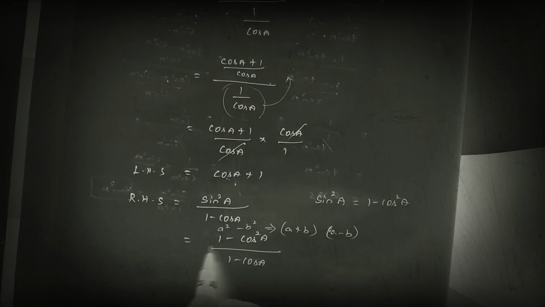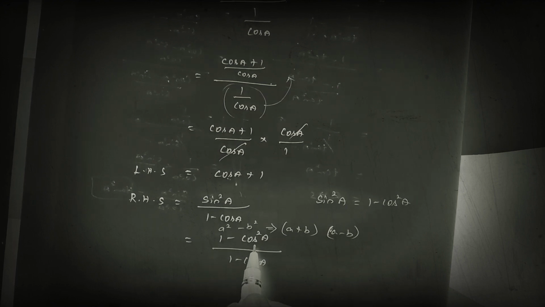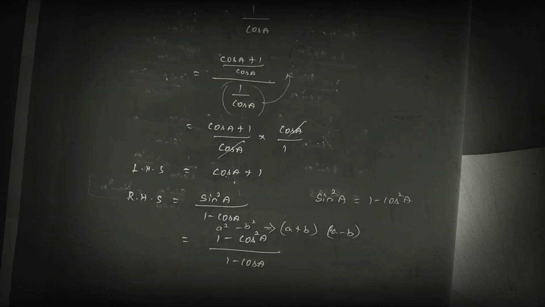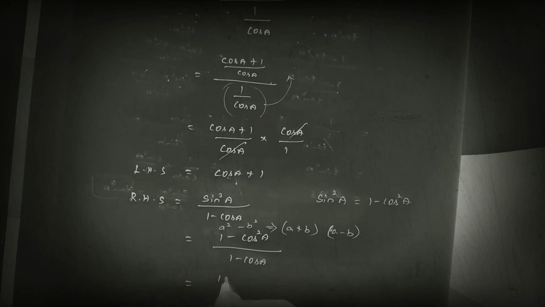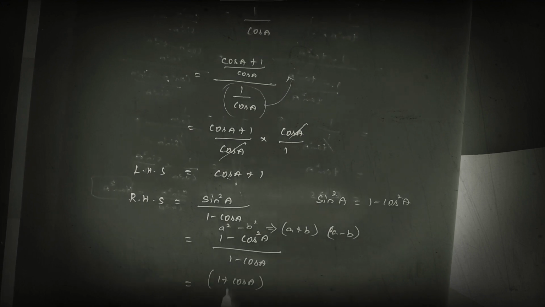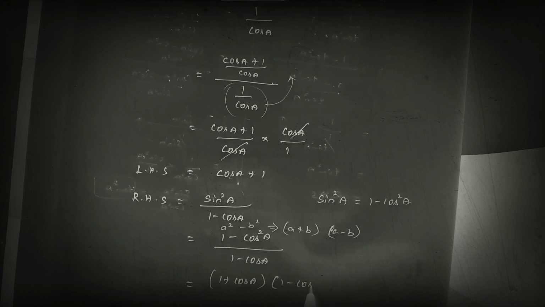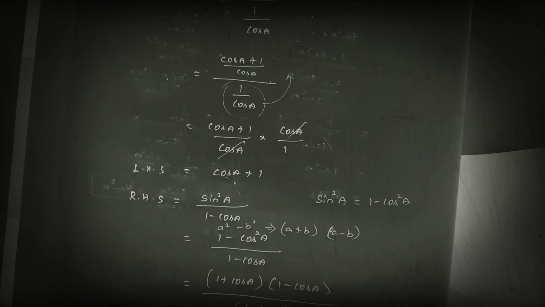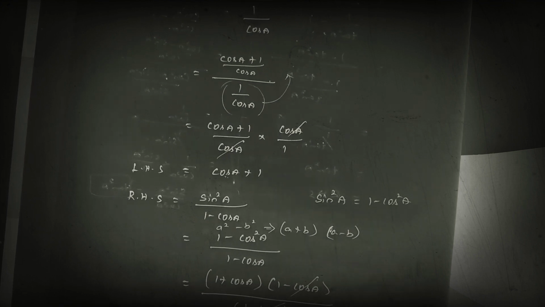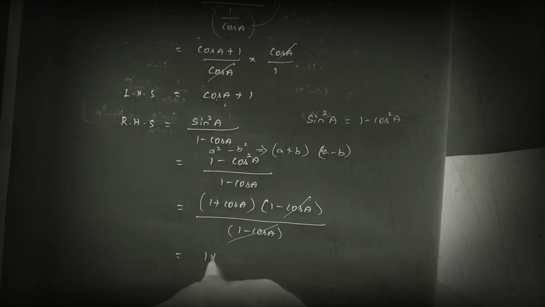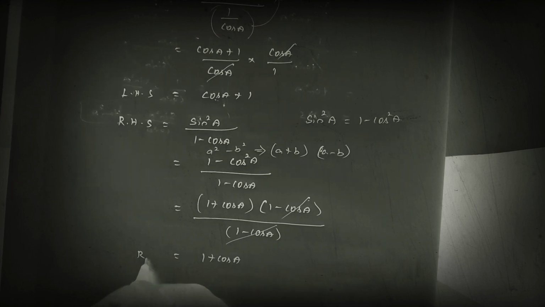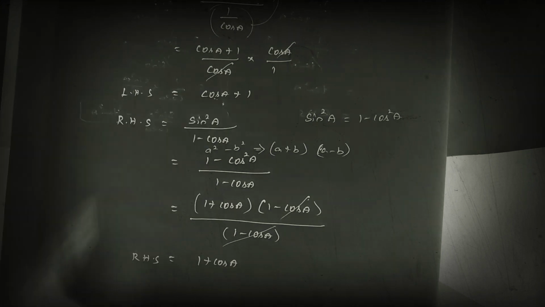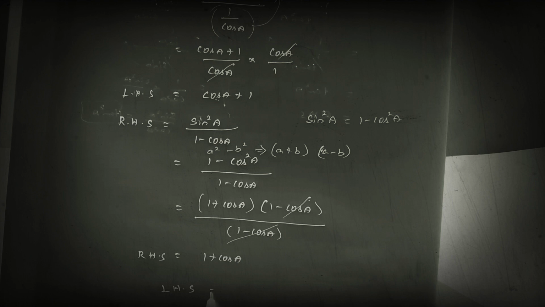Cos A. So A square minus B square is equal to A plus B into A minus B, so we write 1 plus cos A, whole into 1 minus cos A, whole divided by 1 minus cos A. The 1 minus cos A cancels. So remaining is 1 plus cos A. The simplification of RHS is 1 plus cos A, and the simplification of LHS is cos A plus 1. So LHS is equal to RHS. Hence proved.